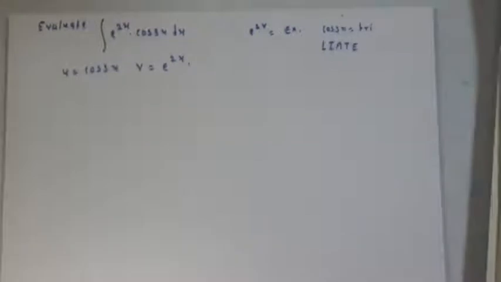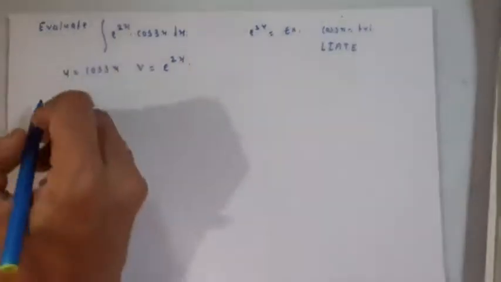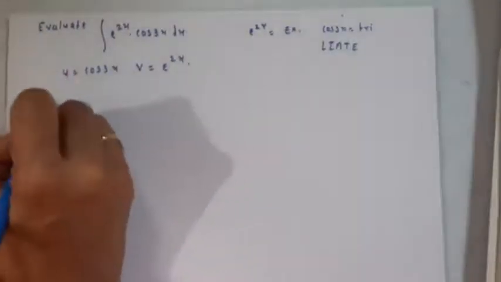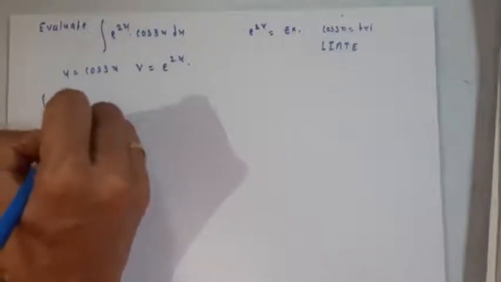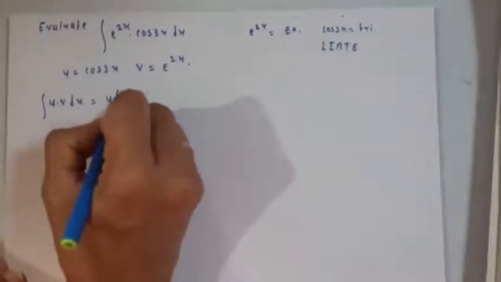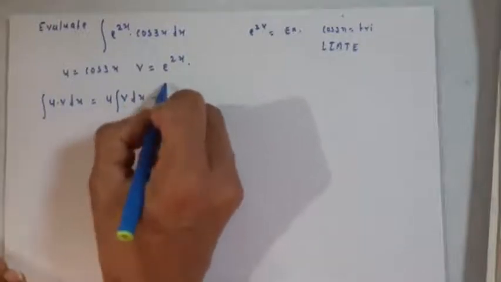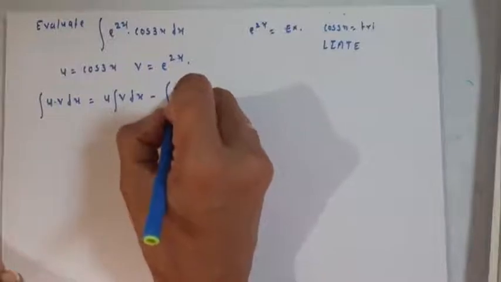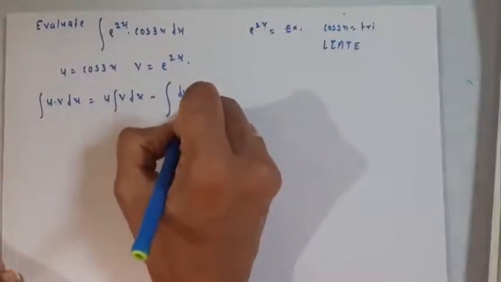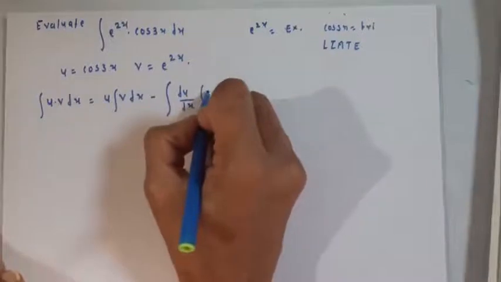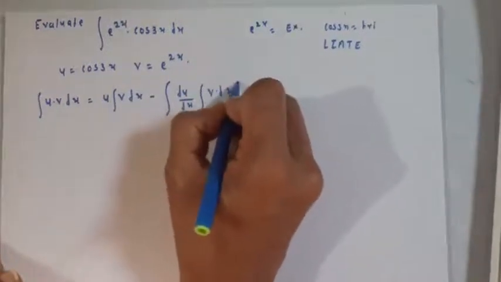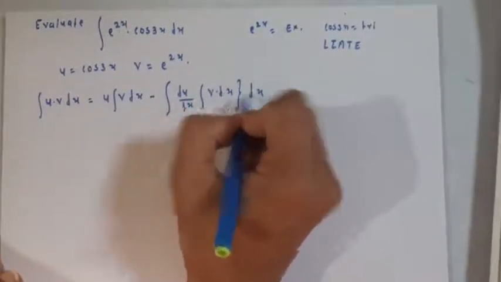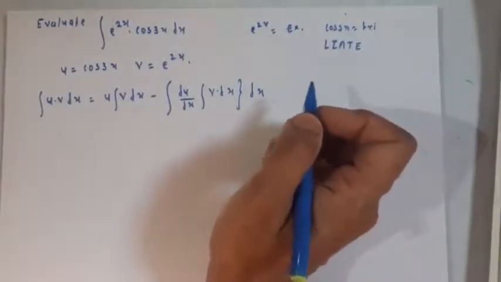Now by using the integration by parts formula, integration of u into v with respect to x equals u into integration of v with respect to x, minus the integration of the differentiation of u with respect to x into the integration of v with respect to x, and the whole integration with respect to x.